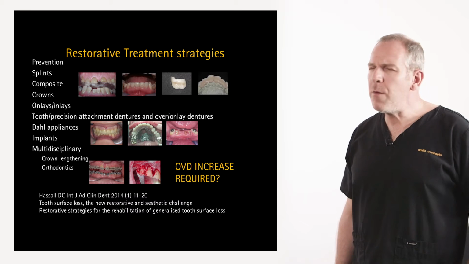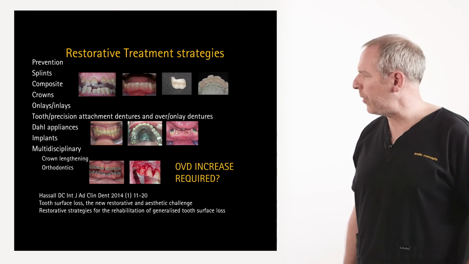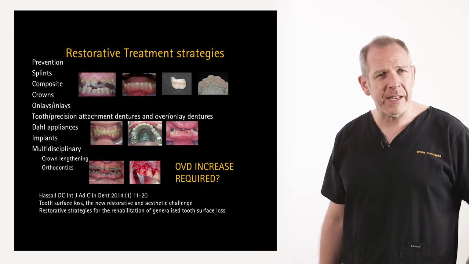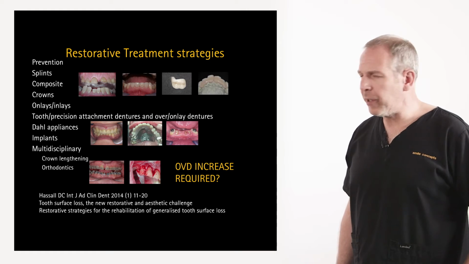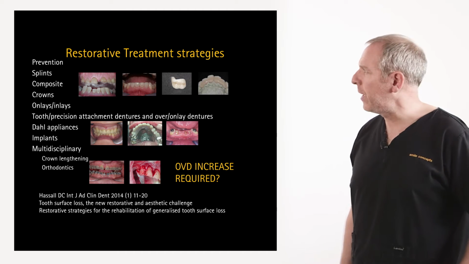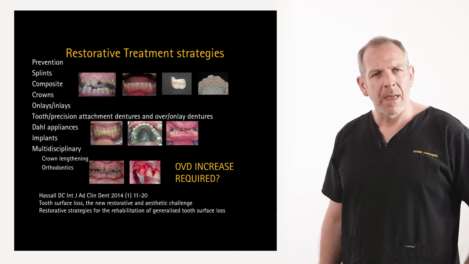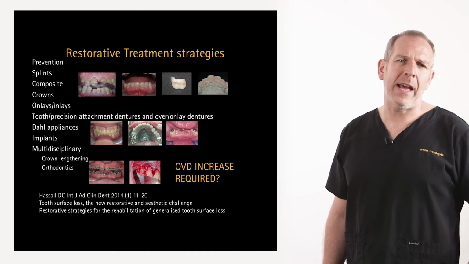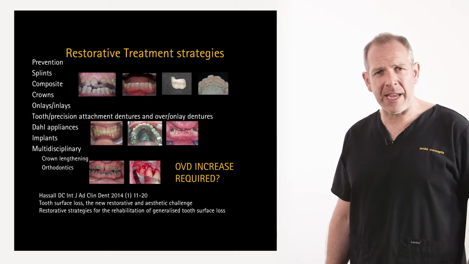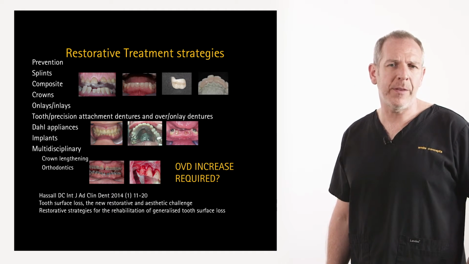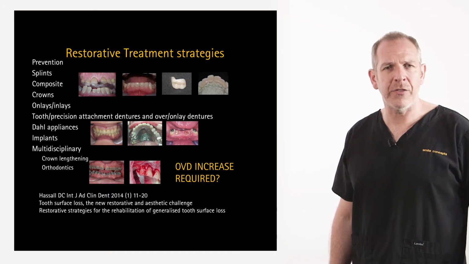So what is the overview of our restorative strategies? Well, I've published on this in 2014 in the International Journal of Advanced Clinical Dentistry. And really the restorative treatment strategies are varied. The first thing we have to look at, and I won't really be covering this again in this lecture, is do we need to open up the occlusal vertical dimension?